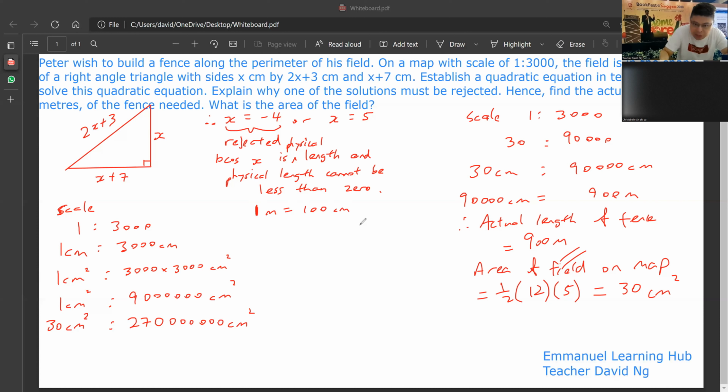Okay, 1 meter, 100 cm. 1 meter square, right? Understand? 100 times 100. So 1 meter square is 10,000 cm square. Now I have this cm square, right? So I'm going to divide by 10,000.